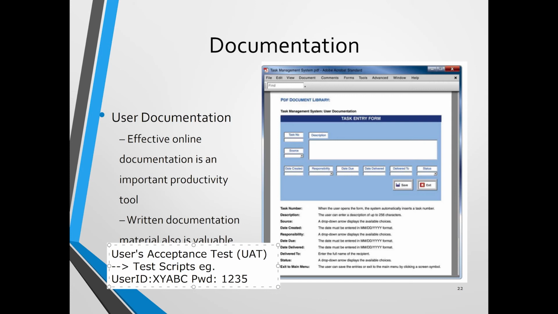Written document material is also available, but right now most of the companies around the world try to be a paperless environment. That's why they are trying to have online documentation instead.